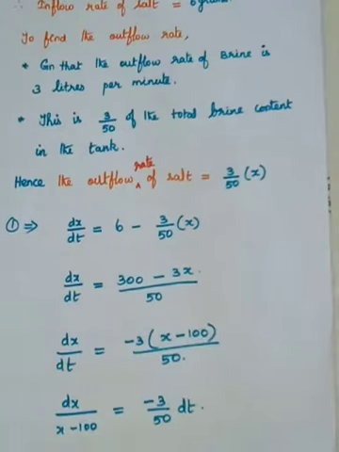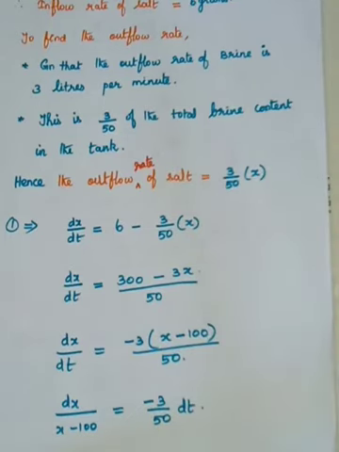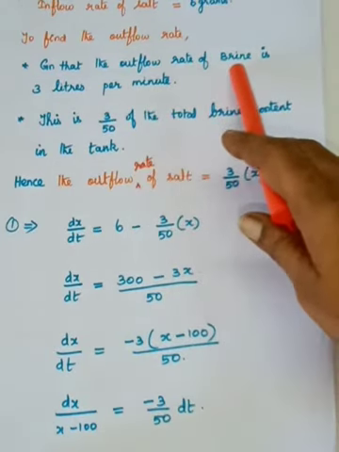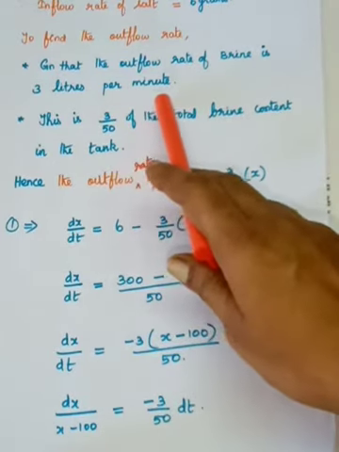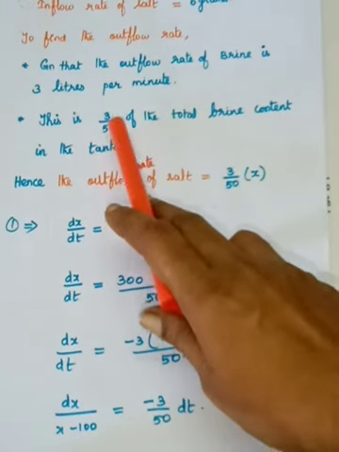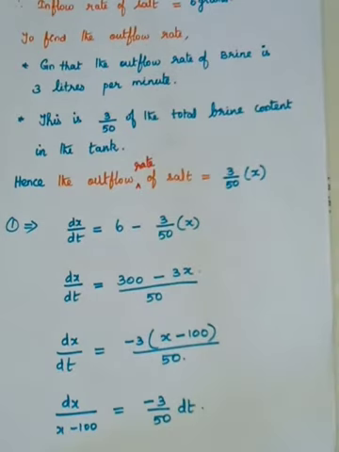Okay, so we move to the outflow rate of the salt. You see that at the same rate the mixture flows out. That means 3 liters per minute. So the outflow rate of brine is 3 liters per minute. That means it is 3 by 50 of the total brine content in the tank.